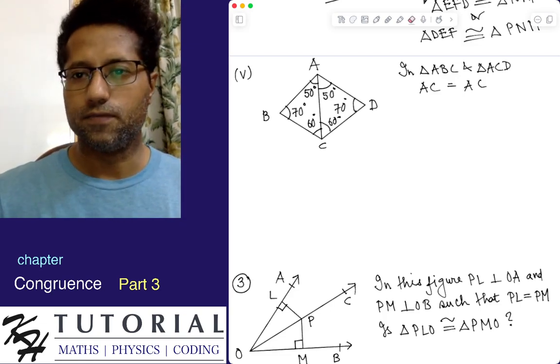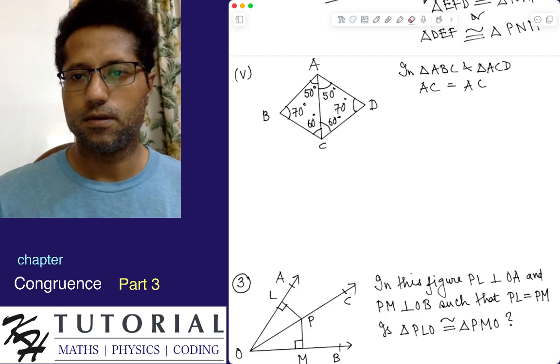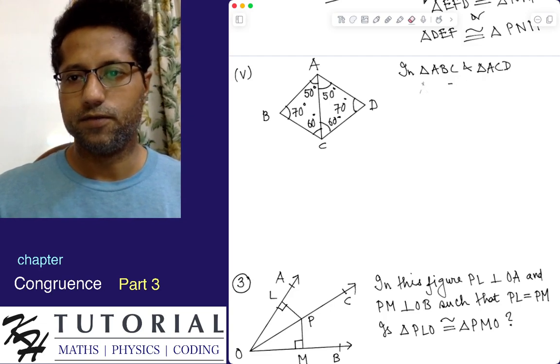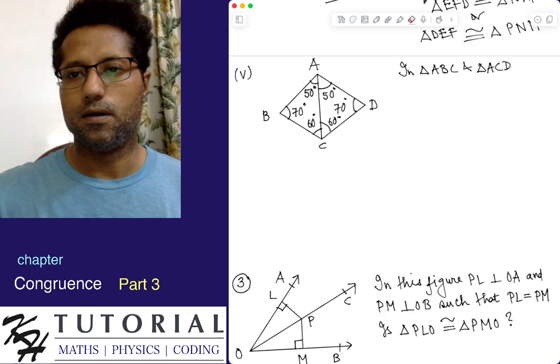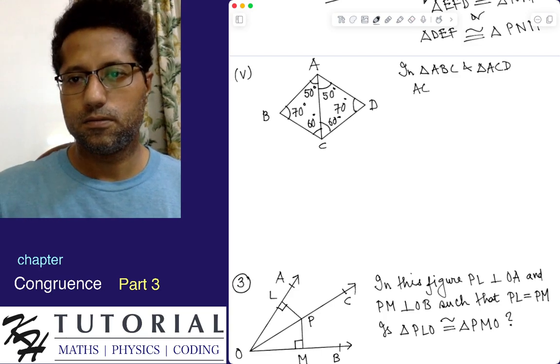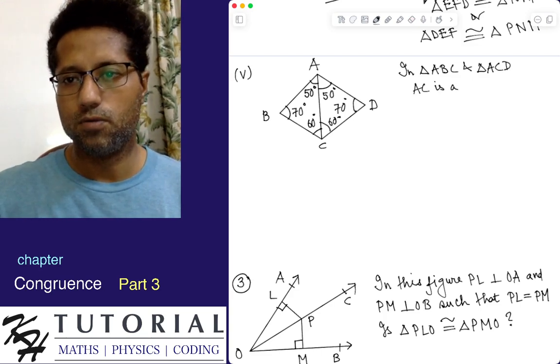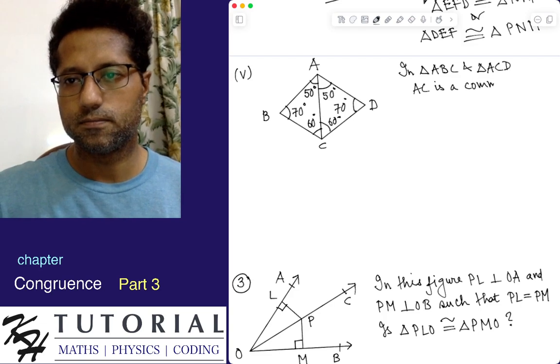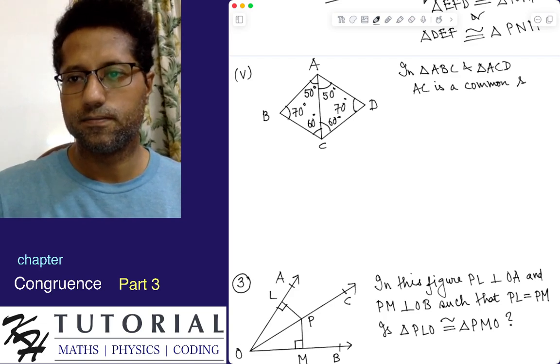Instead of writing this way, it is better if we write: AC is a common side.